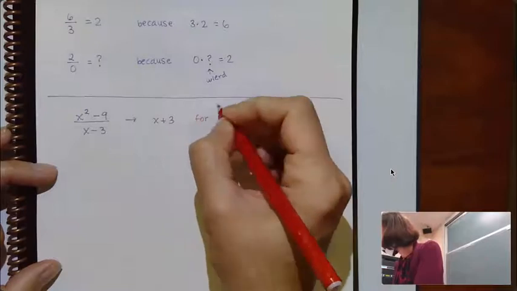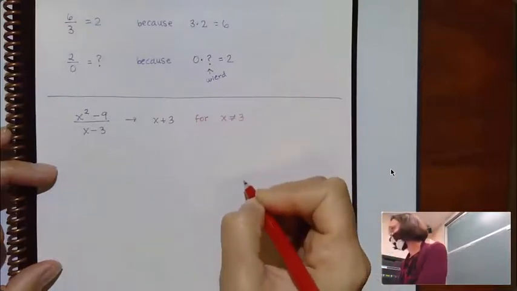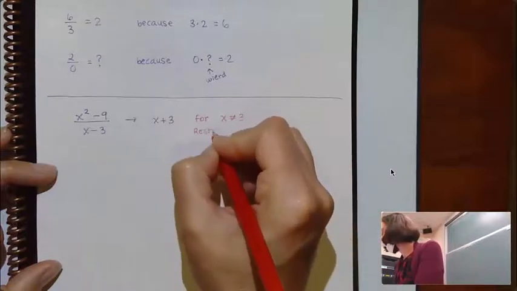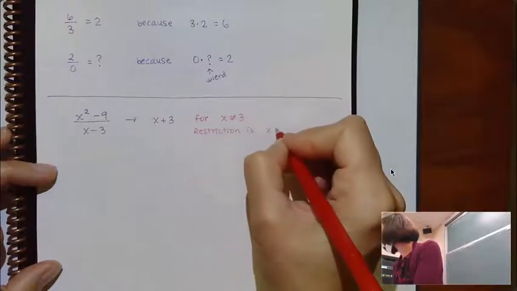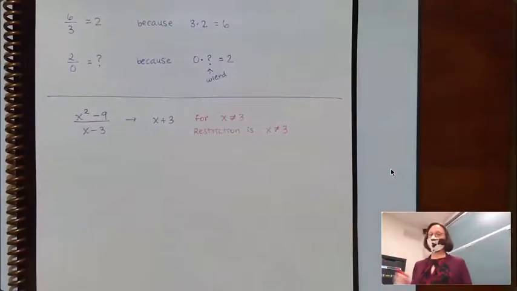And sometimes we write that as for x not equal to 3. Or we can say the restriction is that x is not 3. And that symbol of the equal with the line through it means it's not equal to.